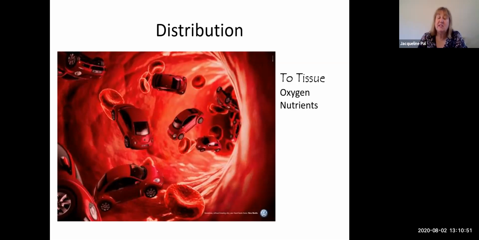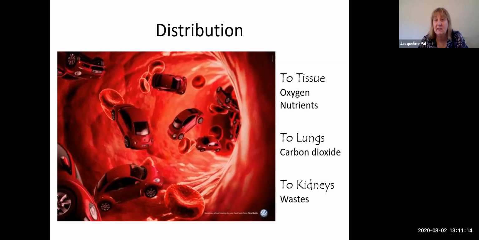What blood is carrying to the tissue are the oxygens and the nutrients that those tissues need to do their job. And then carrying away from the tissues to the lungs, blood carries carbon dioxide for us to exhale. Now, there are other waste products that are a result of all the cellular processes, but they don't go to the lungs. They will be taken to the kidneys.